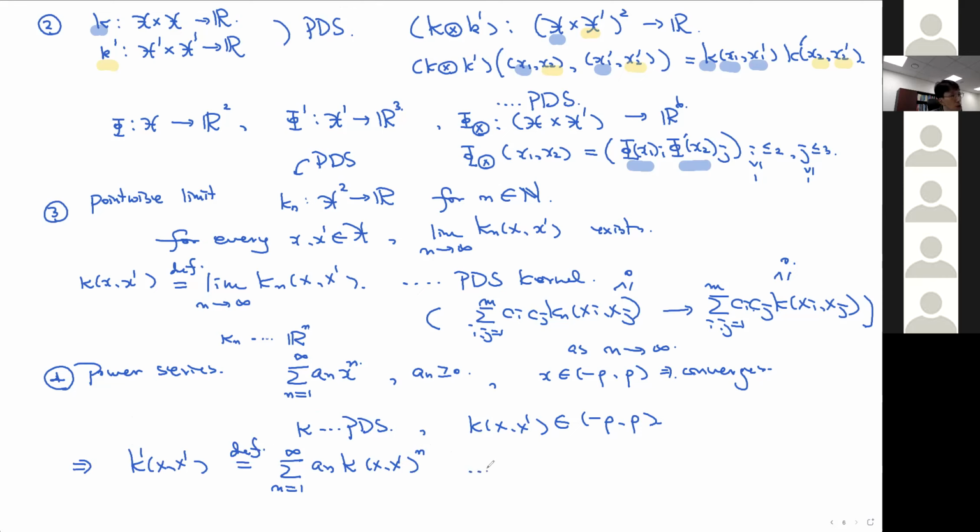And you can also show that this preserves positive definiteness and symmetry.